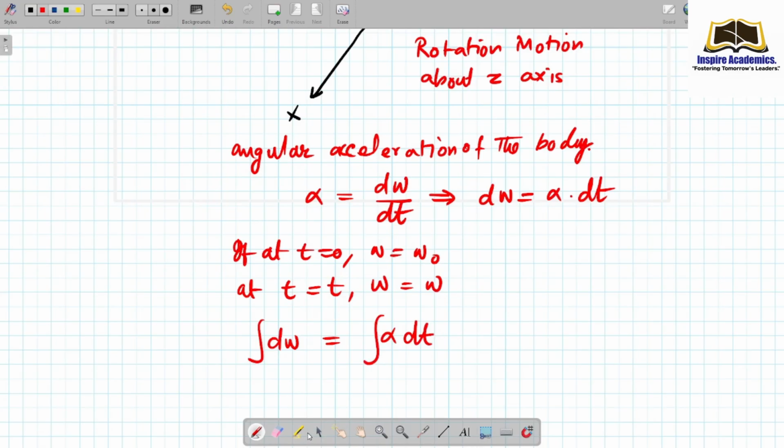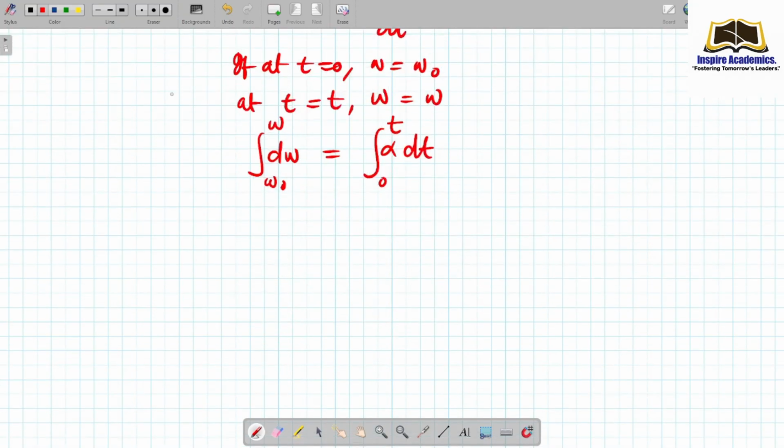और कहाँ से कहाँ तक इंटीग्रेट करेंगे हम? ओमेगा नॉट से ओमेगा तक, and time would be 0 to t because it began with t equal to 0, and at t equal to t we want to evaluate. So what is the outcome?